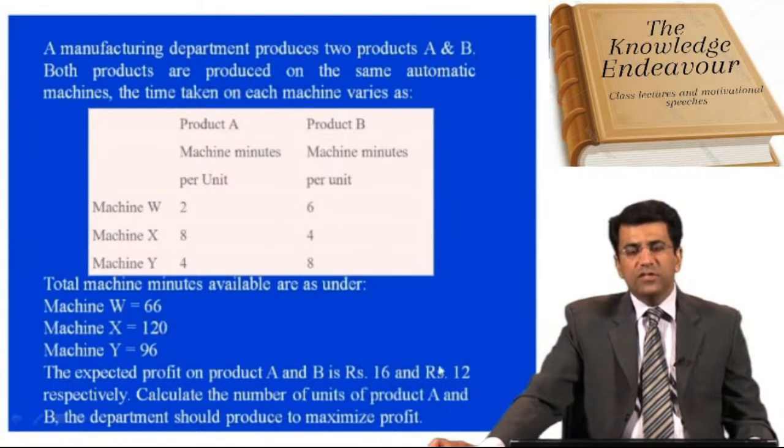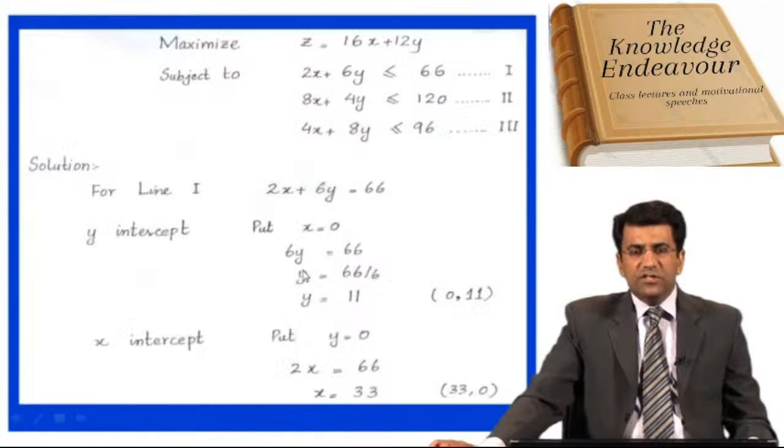Similarly, if you are producing 1 unit of product B, the profit is 12 rupees, and suppose that we are producing y units of product B, the total profit for product B will be 12y. If we combine the total profit for product A and product B, then the final objective function, or the profit function, will be z is equal to 16x plus 12y.